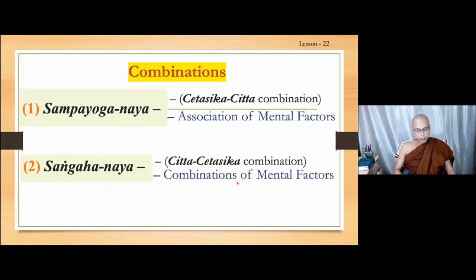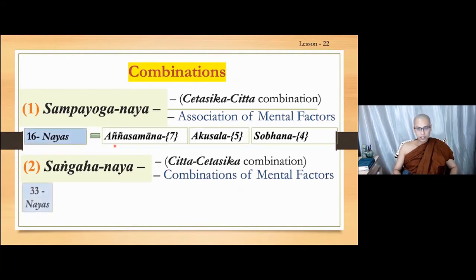If you can understand these two methods properly, then the mixture method will make you understand more and more about the mentalities. If you cannot understand the two methods, the mixture method will make you confused.